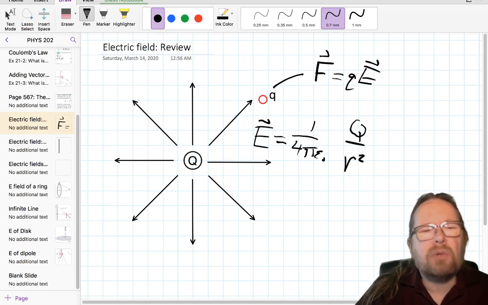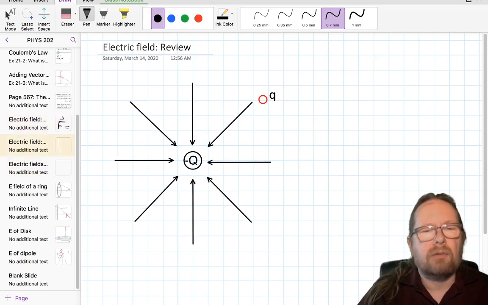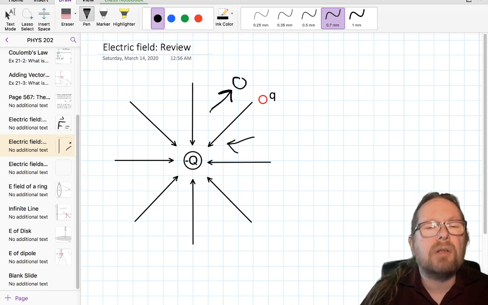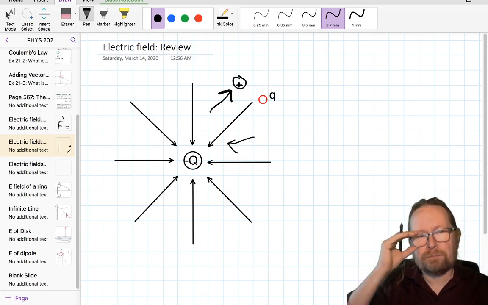By convention, we draw electric field lines pointing away from positive charges and towards negative charge. So if this charge Q was a negative Q, then the electric field lines would point this way towards the charge, and all of the vectors would be in the opposite direction. By convention, the direction of the electric field lines shows you what direction a positive charge would experience a force in that electric field.